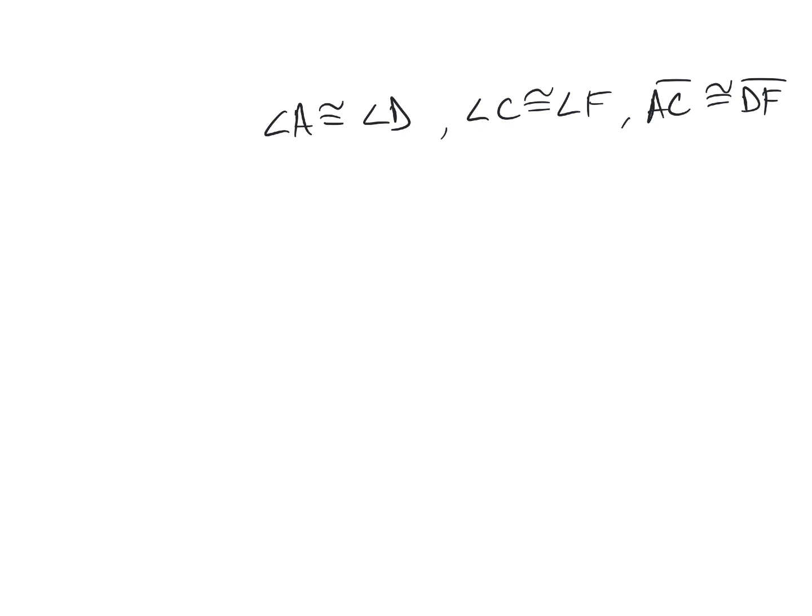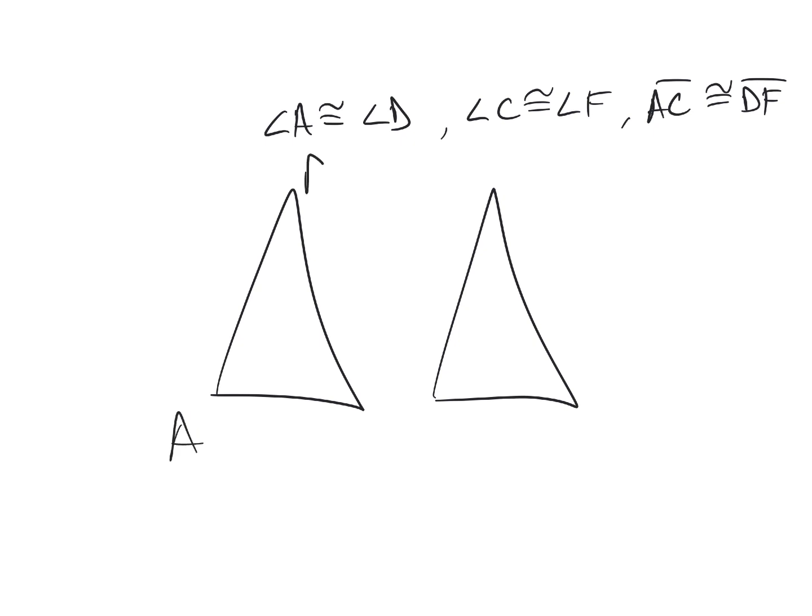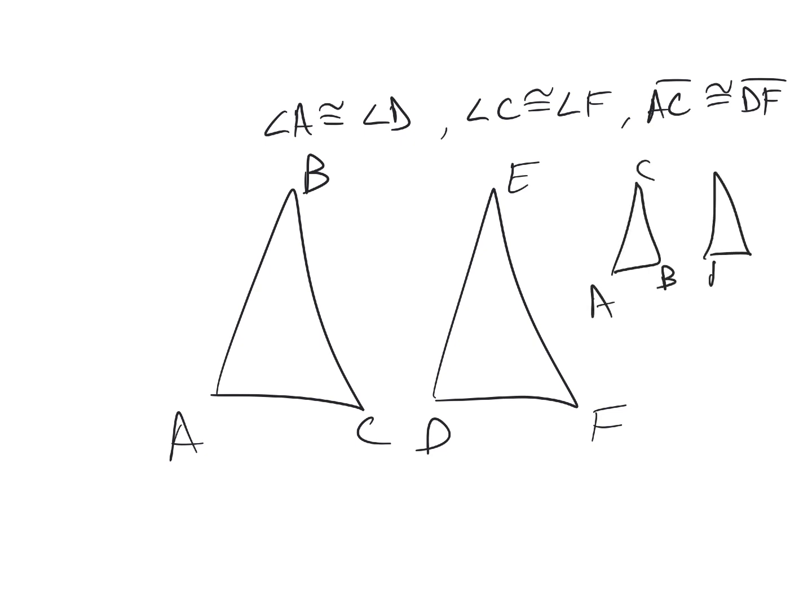Okay, so if you're still writing, fine. This is all you need to do. A, B, C, however you wrote it, it doesn't matter. Just make sure D, E, F is in the same order, okay? All right, just to show you on the side here, I'll do it a little bit differently. A, B, C, and then D, E, F. You should get the same answer as long as everything's in the right order.